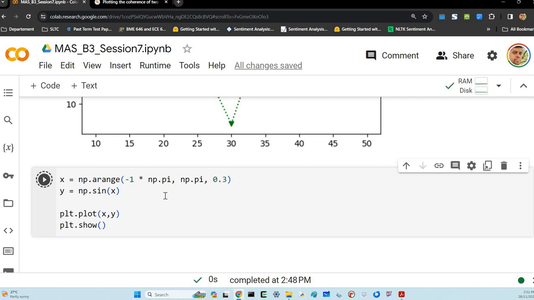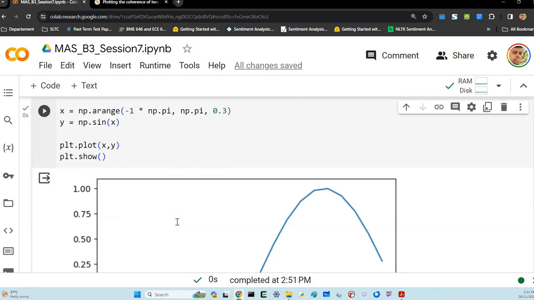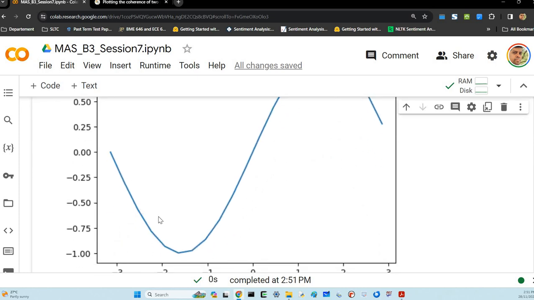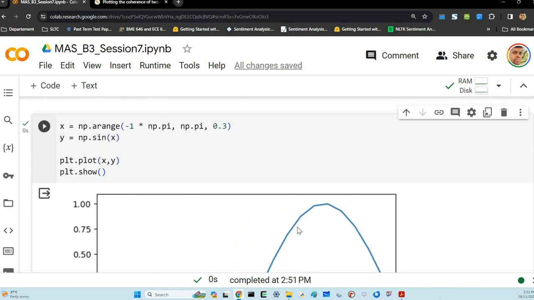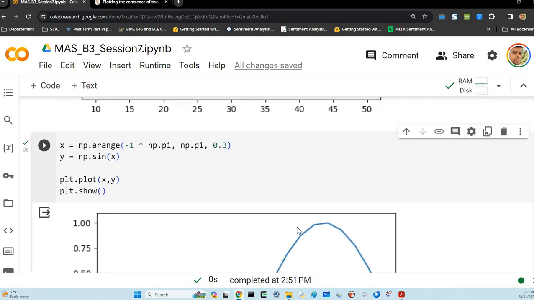If you have not made any mistakes here, ideally this should represent a sine curve. You see, there's a sine curve here. Yes, finished. Got the answer up to this point.